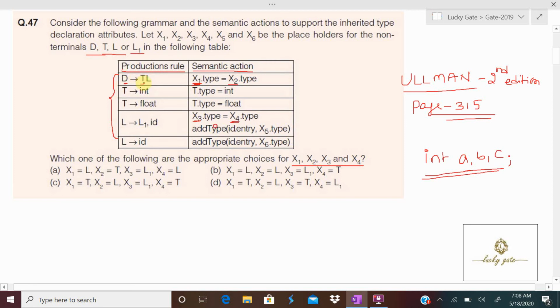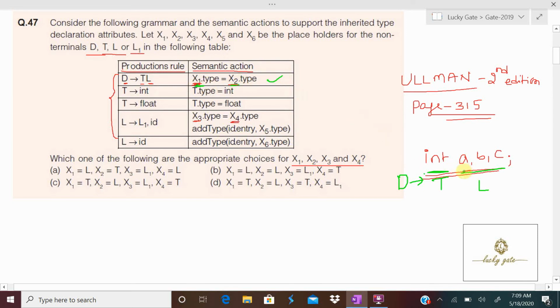D is a declaration, T is a type, L is a list of identifiers. Now observe, now this is a declaration. Now T is a type and A, B, C are called the list of identifier. Now here a semantic rule is mentioned, x1 type equal to x2 type.